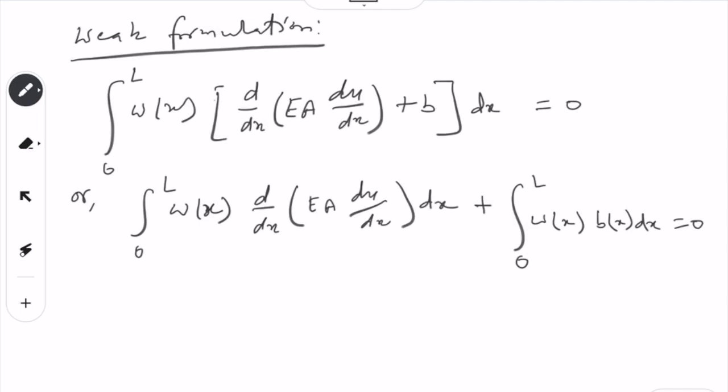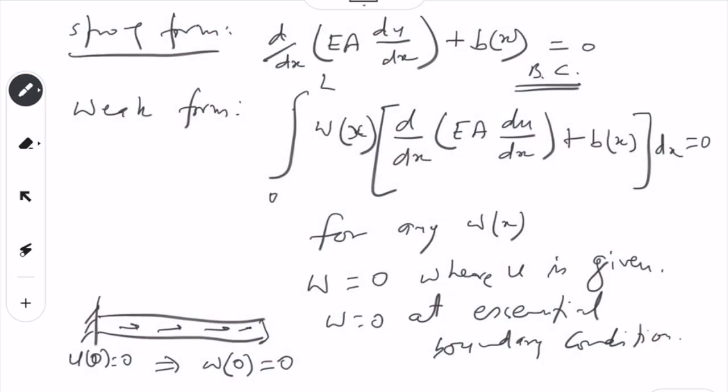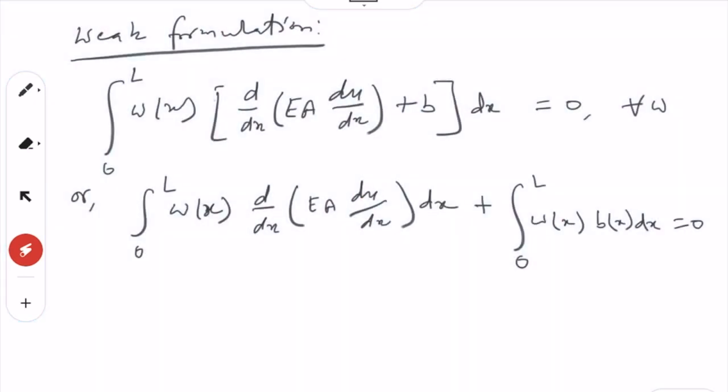We have two terms here, one term is this one, the other term is this one. Here we do not have to do anything with b x, we just multiply by w. Here we can write for all w, and in this particular case, w where u is given, the boundary condition is given.